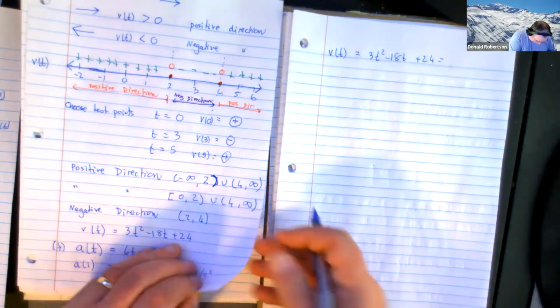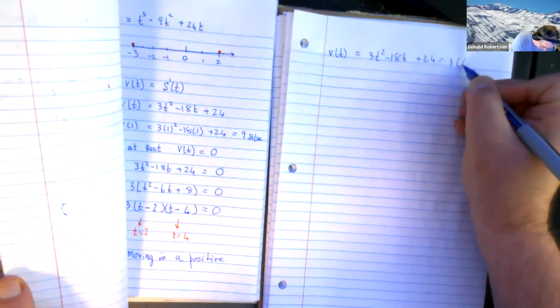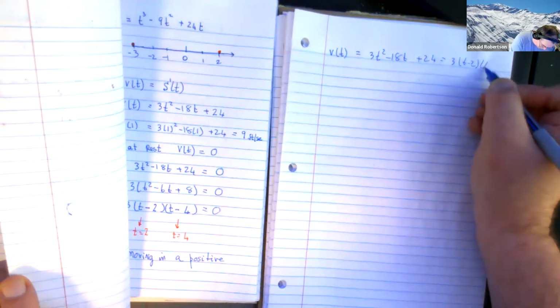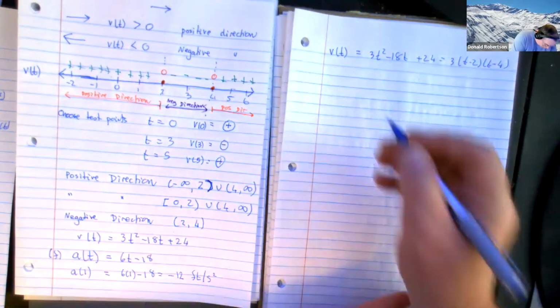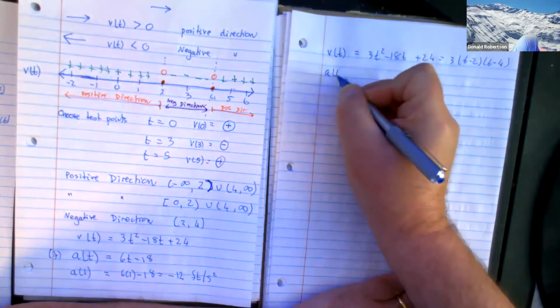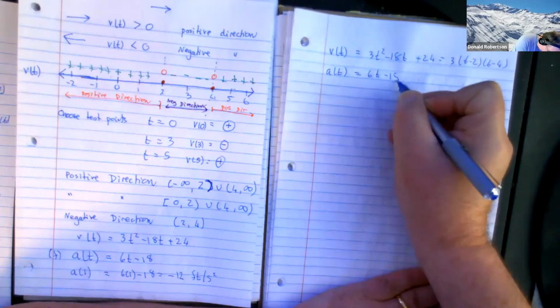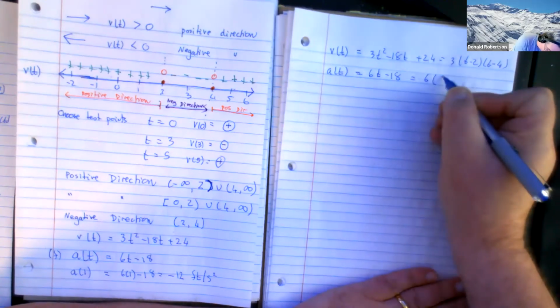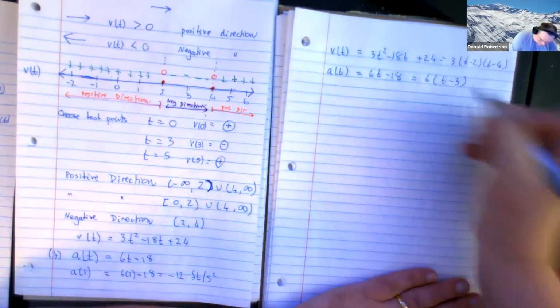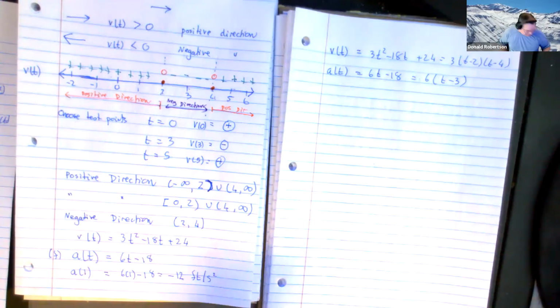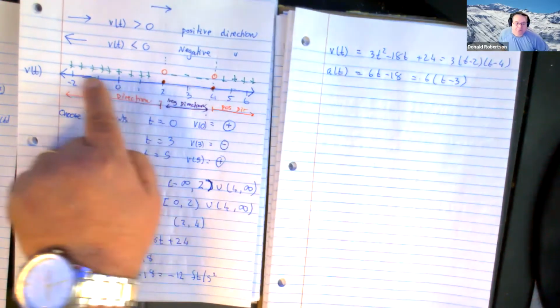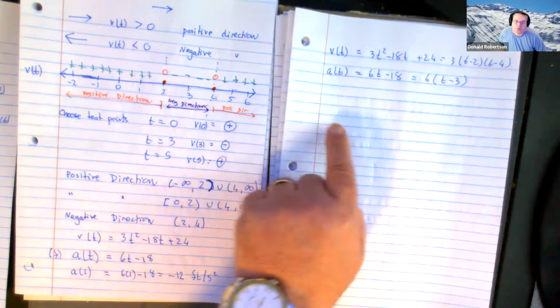And I'm also going to write down what its factored version looks like. And we also know the acceleration. And the acceleration is this guy. And I'm going to pull out a common factor of 6 and do that. Now, do you see this guy here? We're going to do him again.